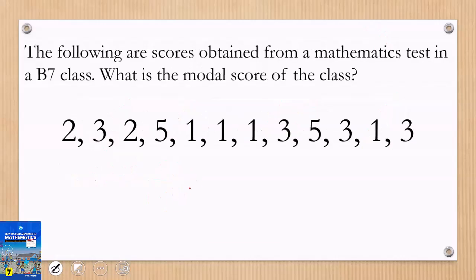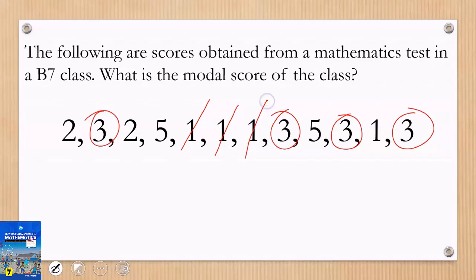Okay, good. Now look at this one too. Here we want to find the modal score of the class once again. And we can see here that 2 appears only twice. Let's count 3. 3 is 1, 2, 3, 4. And let's count 1 also. 1 is 1, 2, 3, 4.